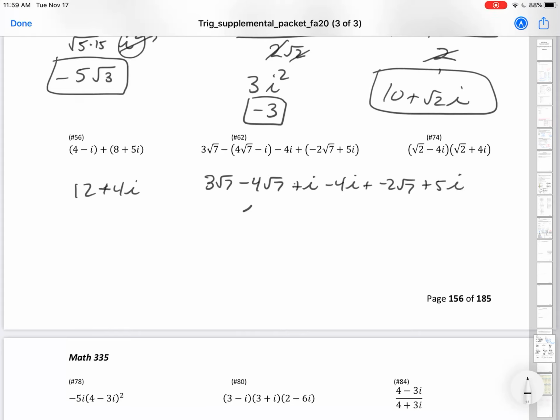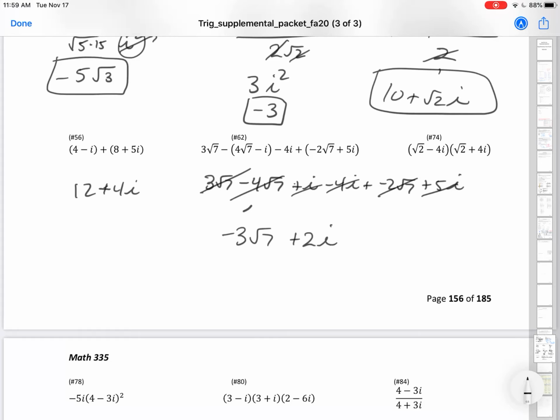Anything that has a root 7 can be combined. So here's 3, negative 4, negative 2, so negative 3 root 7s. Anything that has an i can be combined. Here's i minus 4i is now negative 3i, plus 5i is now 2i.